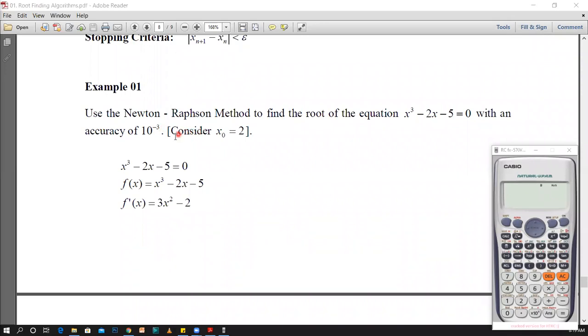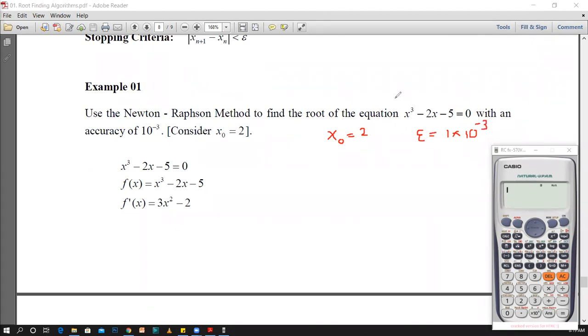They have given the initial answer: consider that x naught equals 2. So you know that x naught equals 2, and you know the predefined limit, the epsilon value, which is 1 into 10 to the power minus 3.